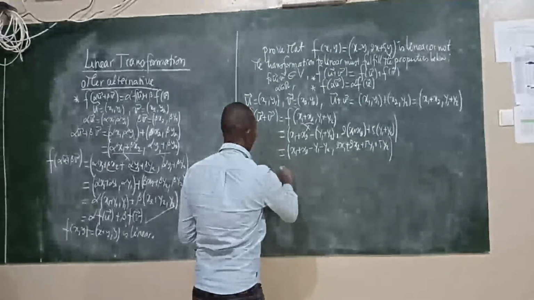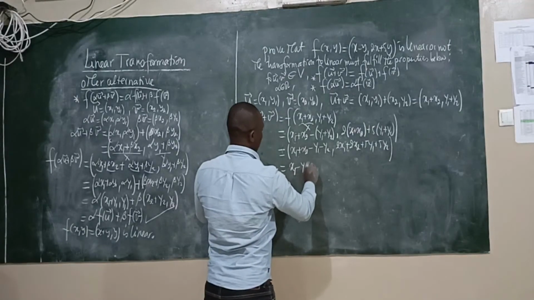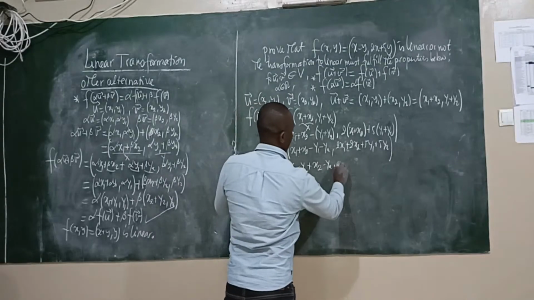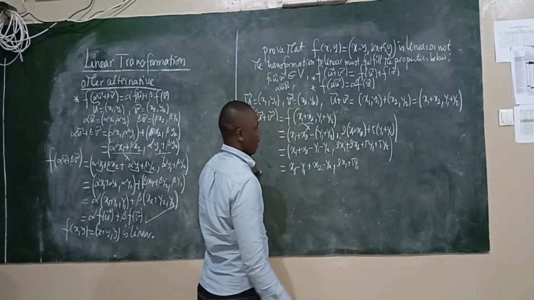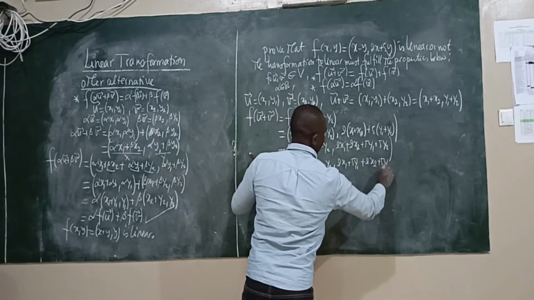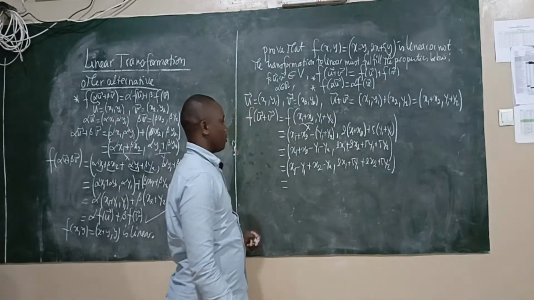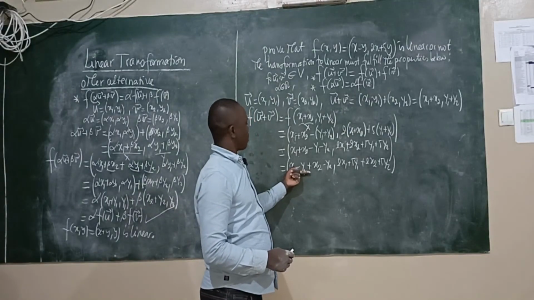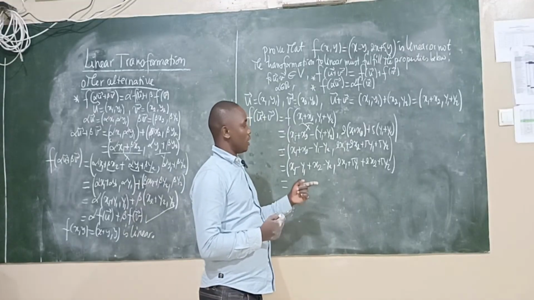That is, this is going to be x1 minus y1 plus x2 minus y2, comma, here is 2x1 plus 5y1 plus 2x2 plus 5y2. Now we are going to split this transformation into 2 linear transformations, expressed by the sum of the 2.